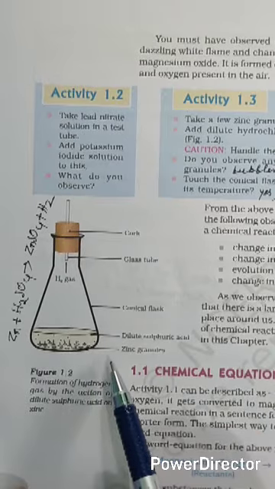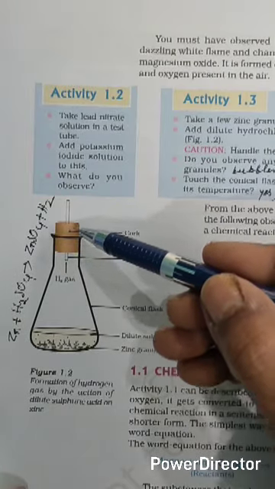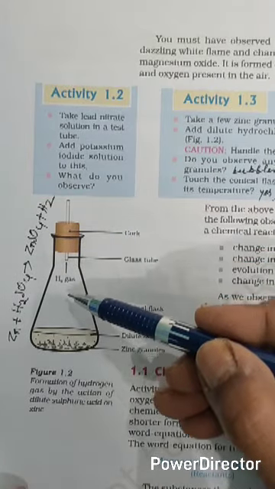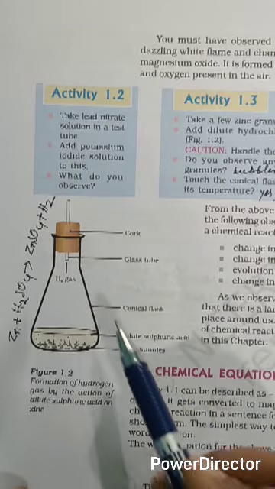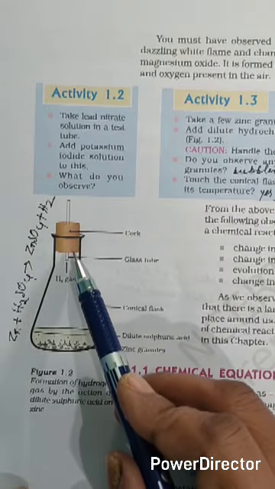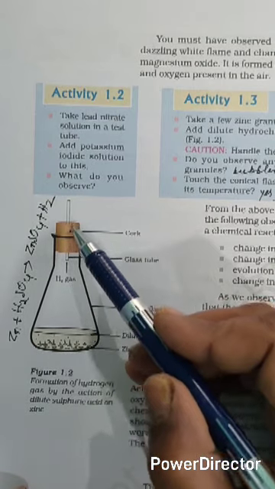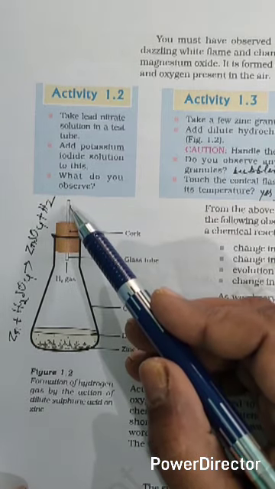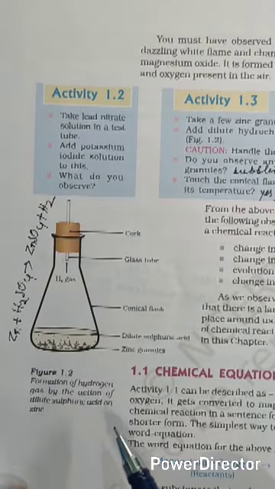We have to put zinc granules in this conical flask. After that, slowly we have to put dilute sulfuric acid and stop the mouth with the help of a cork. Through this cork we have to insert one glass tube. Okay, this is the setup.